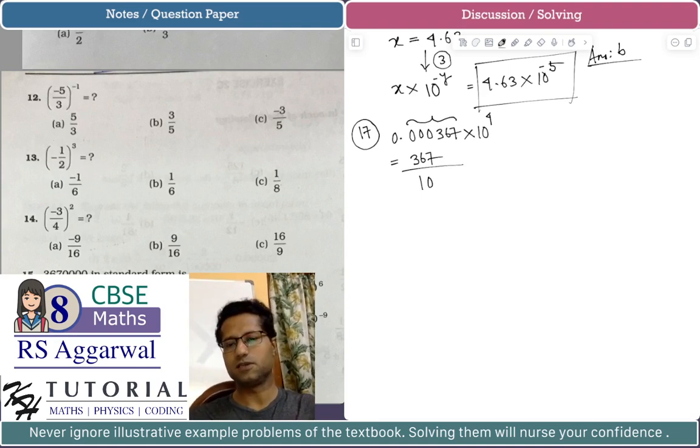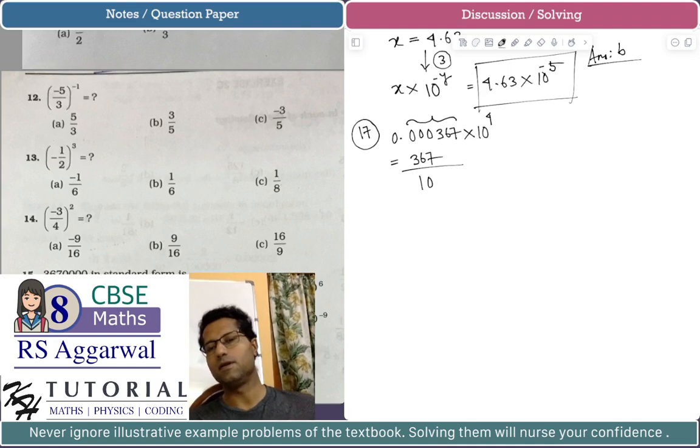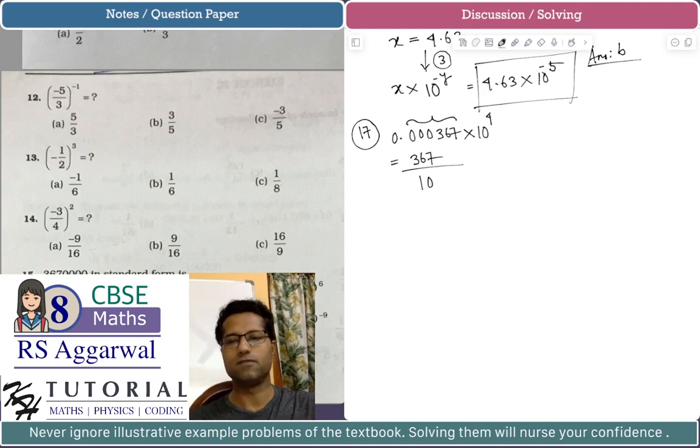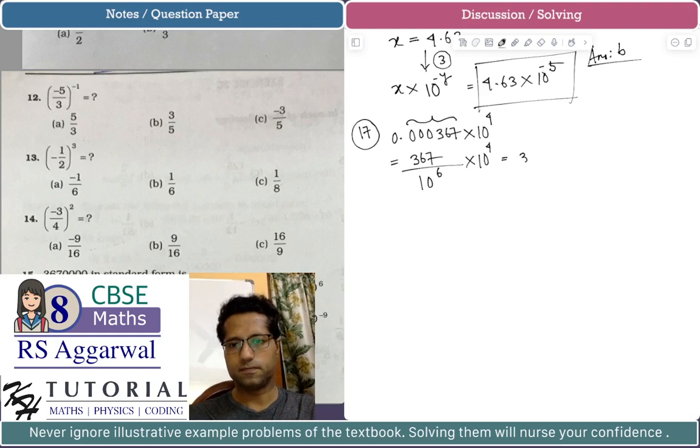What are the decimal places? The decimal places of a decimal number are the number of digits to the right hand side of the decimal point, which in this case is 6. So we have this. Now you combine the powers of 10 together. That is 10 to the power 4 divided by 10 to the power 6.